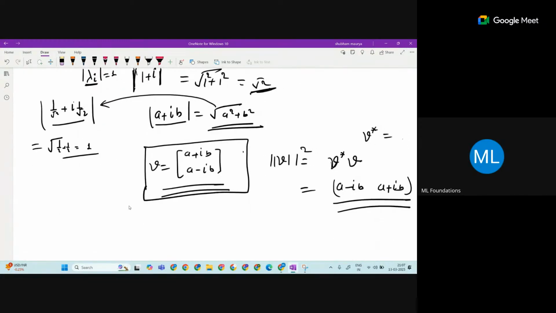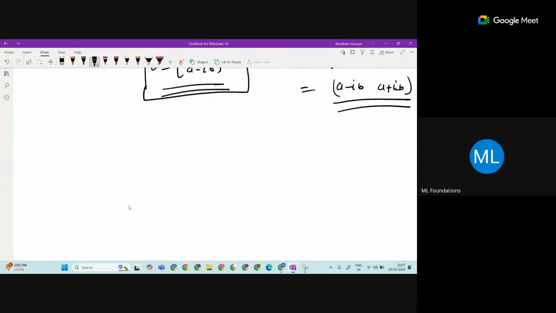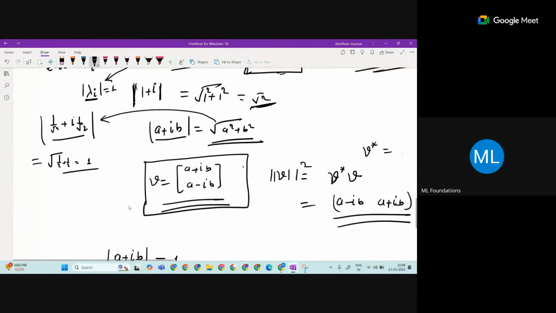Similarly, you may have others also. For a complex number A plus IB, if you calculate the absolute value and it is 1, then you have infinitely many such complex numbers with absolute value 1.